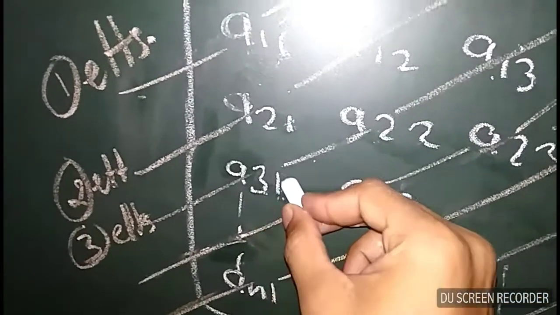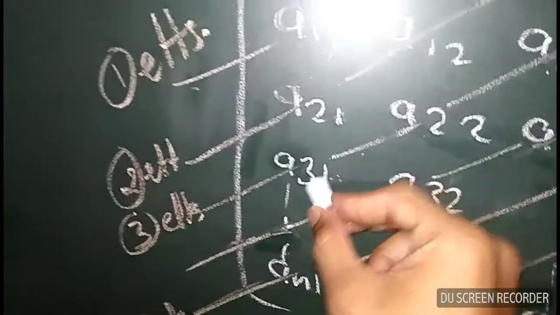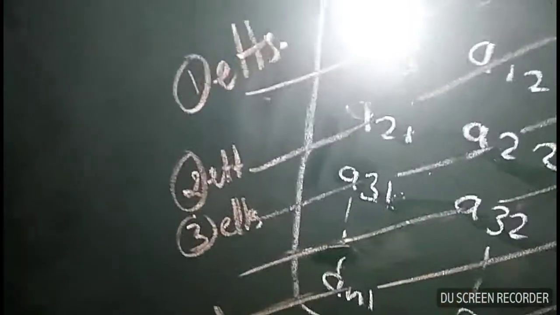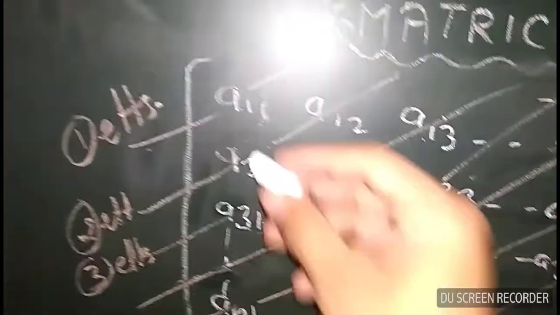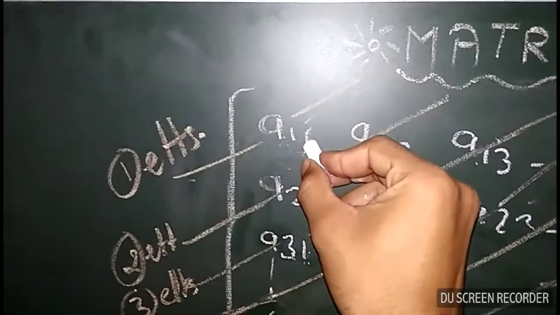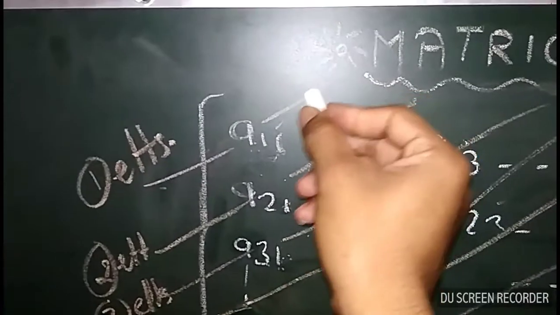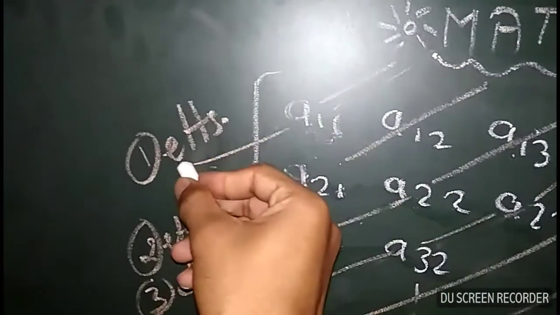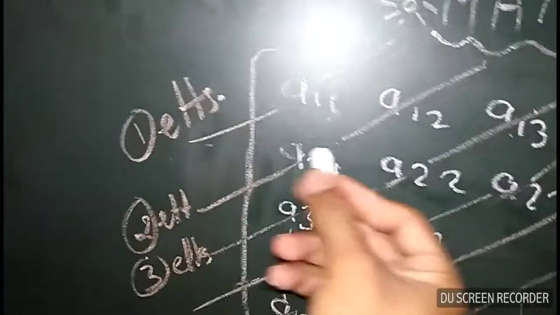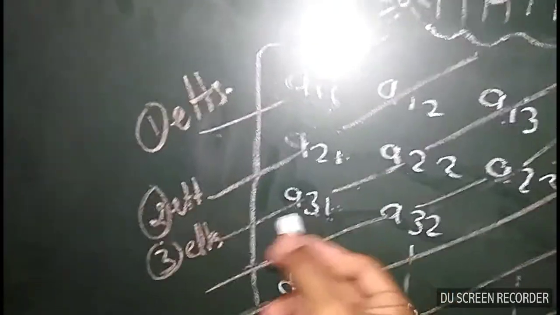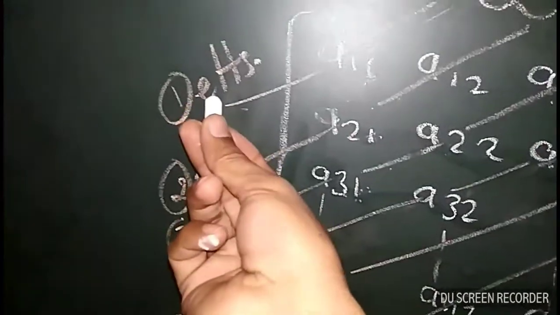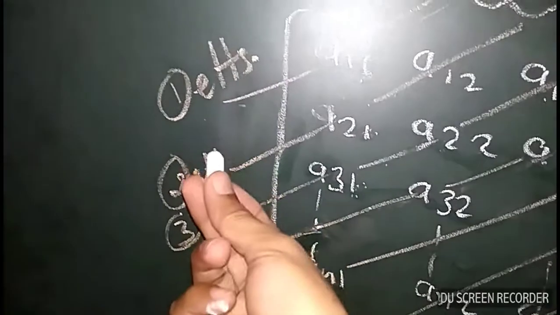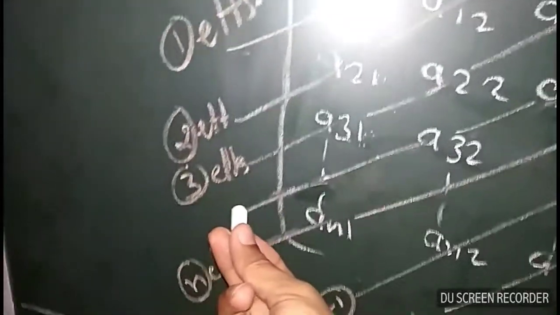So if the sum of row number and column number is 4, the number of elements present in this diagonal is 3. That is how we find the idea. For sum 2 there is 1 element, for 3 there are 2 elements, for 4 there are 3 elements, and the number of elements increases as we come down to the principal diagonal.